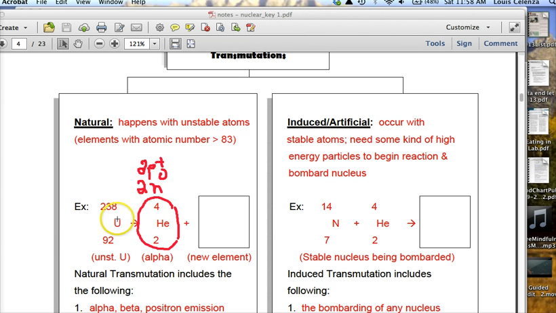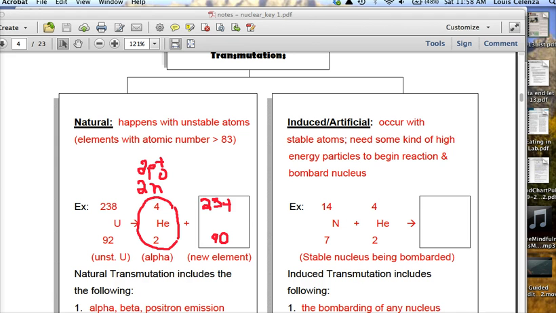So when this atom's nucleus loses 2 protons and 2 neutrons, here's what happens. Its new mass is now going to be 234, and the atomic number, because it lost 2, is going to be 90. So now you go to the periodic table and look up the symbol for the element that is number 90, which I believe is thorium.